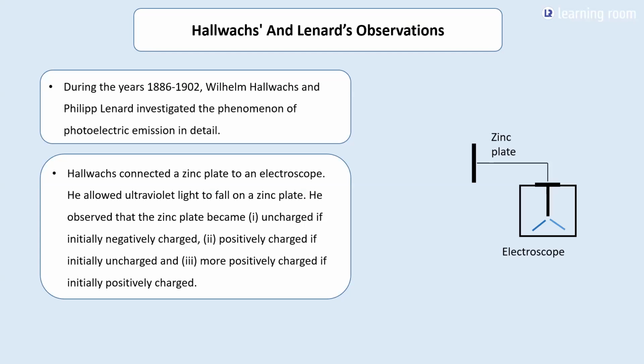This is how the setup was done. The zinc plate was connected to the electroscope, and when this ultraviolet light was falling on it, these three phenomena were observed. You have to understand this.